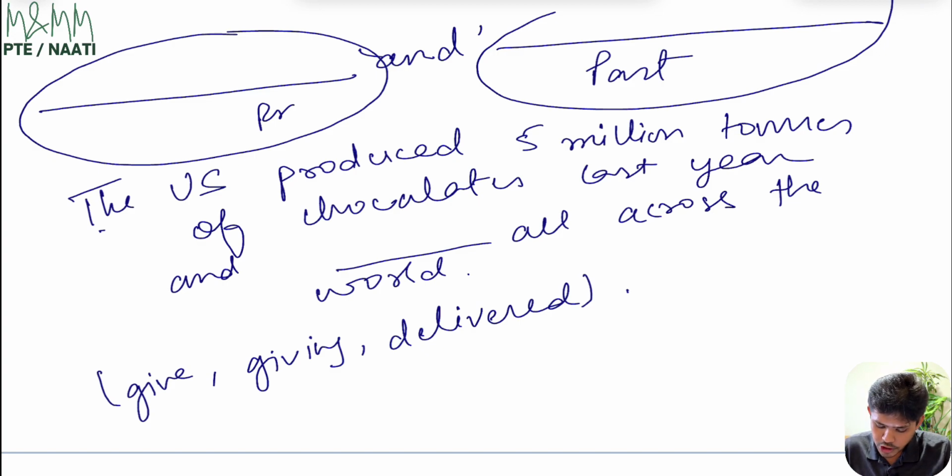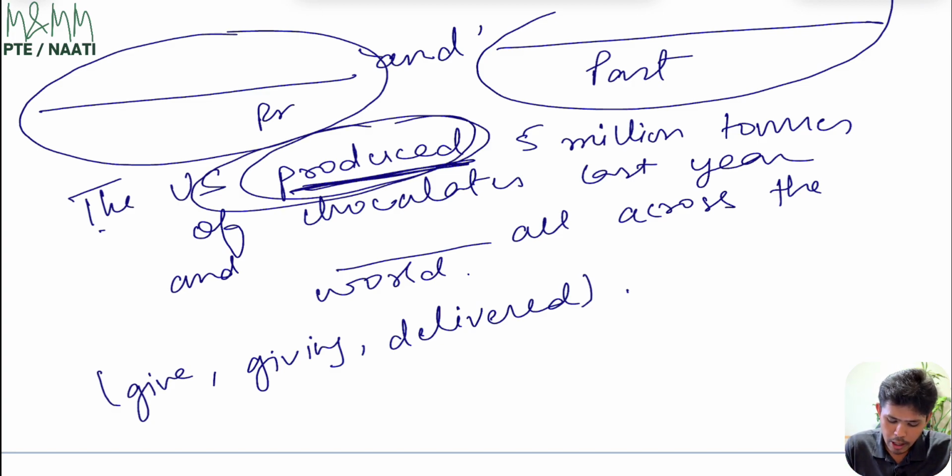The US produced 5 million tons of chocolates last year. Over here, my verb is produced. What is the action? Produced. They have produced something. My verb is in past tense before and. If my verb is in past tense before and, my verb after and also has to be in past tense.